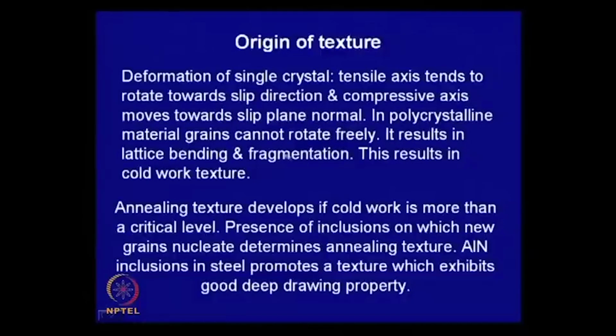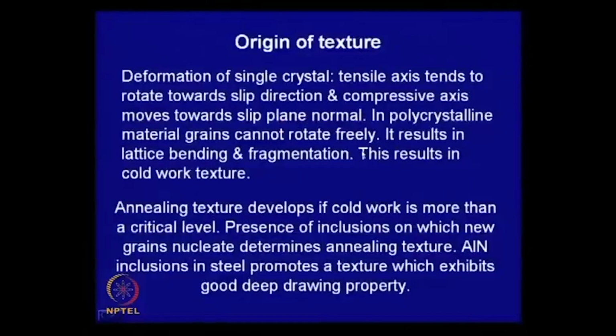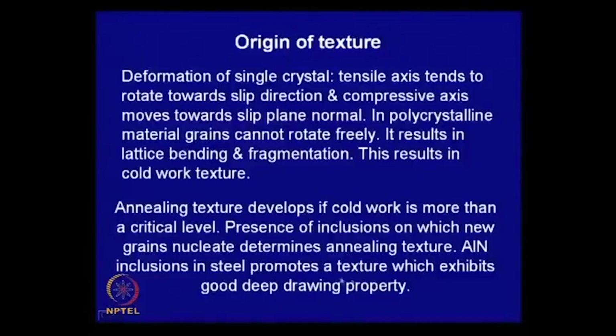In a single crystal this is possible, but in polycrystalline materials there are a lot of restrictions, the grains cannot rotate and move freely, they will get distorted, fragmented, but nevertheless there will be some effect of rotation and you get a texture. This is a cold work texture, a preferred orientation which is called cold work texture.